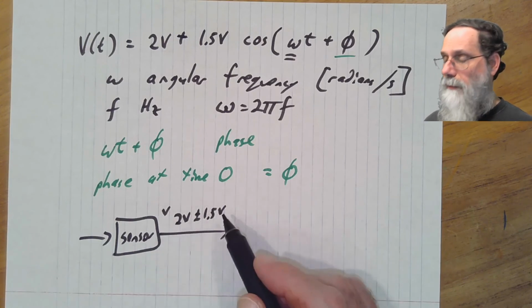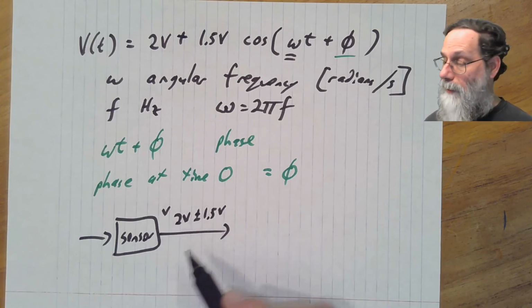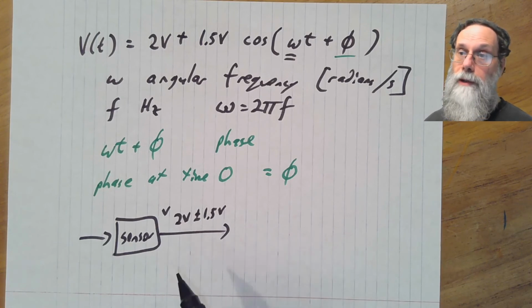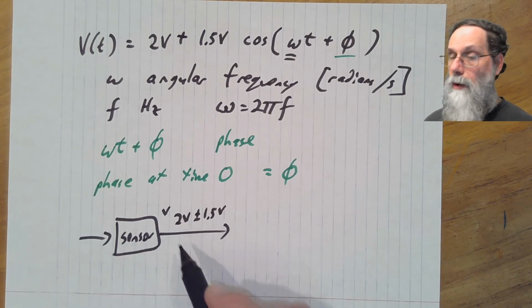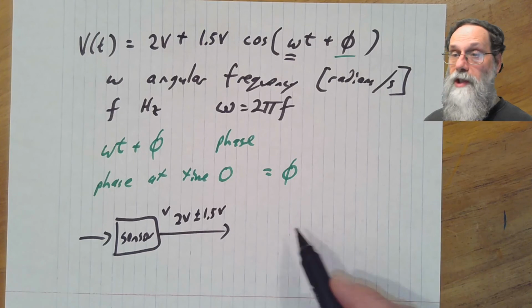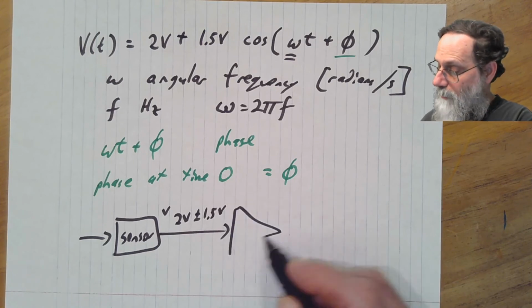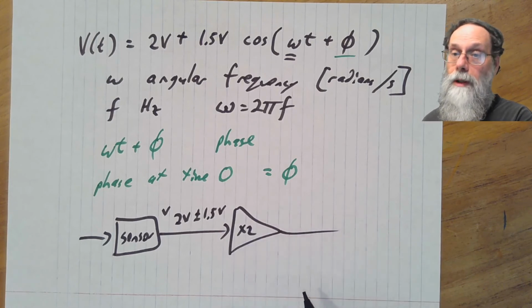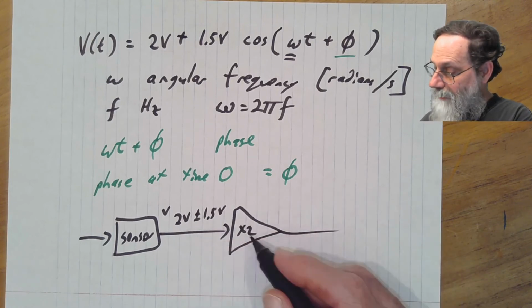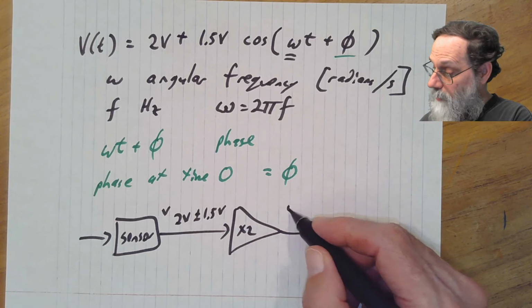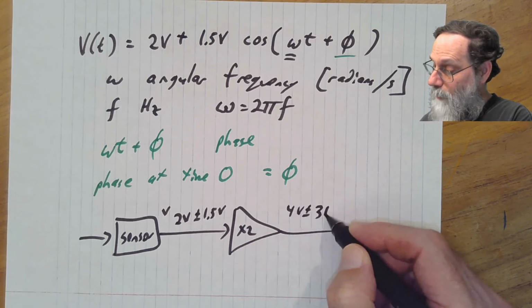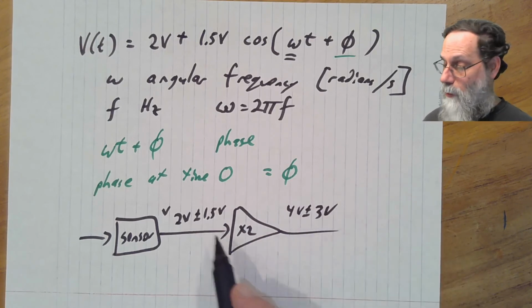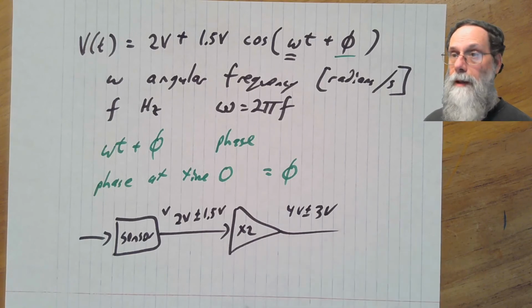That quick summary of what the signal is really, really useful for determining whether or not your system is working, because you'll later put this into some sort of amplifier, and let's say I'm going to have an amplifier with a gain of 2. Well, if I amplify the DC as well as this, I would expect to see 4 volts plus or minus 3 volts coming out of this thing, because that's what would happen if I amplified this. If it turns out that, hey, that's outside my voltage range, then I know that I can't build this thing.